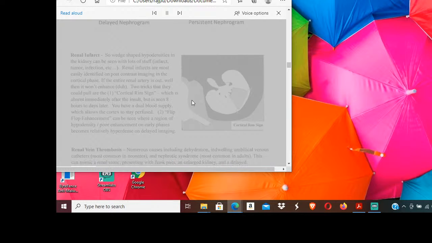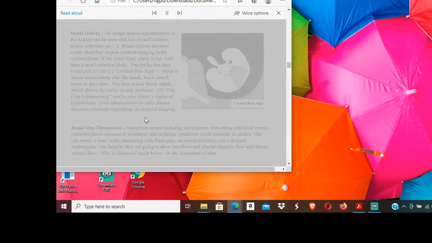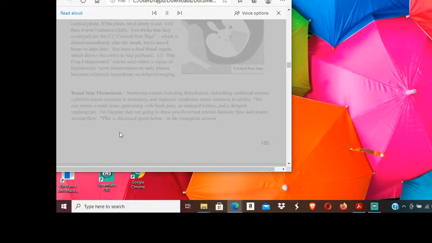On Doppler they are going to show you reversed arterial diastolic flow and absent venous flow. Asterisk. This is discussed again below in the transplant section.